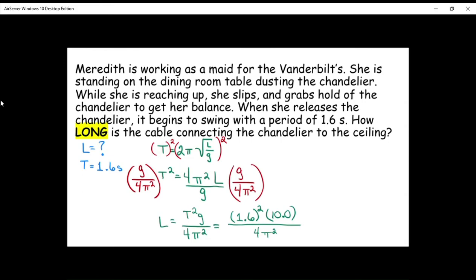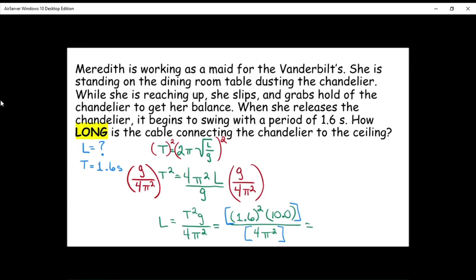What you need to do is make sure you're using a lot of parentheses. So you want to do the whole top, and then do the bottom. Make sure you're only squaring the pi, not the 4.